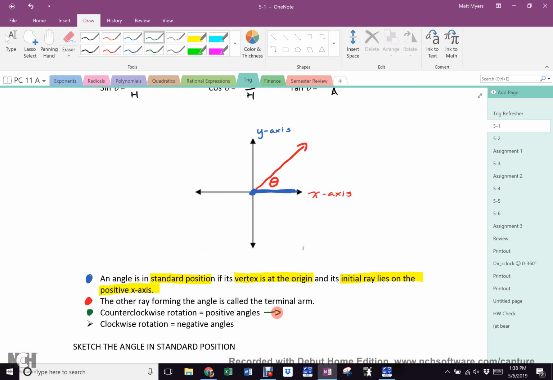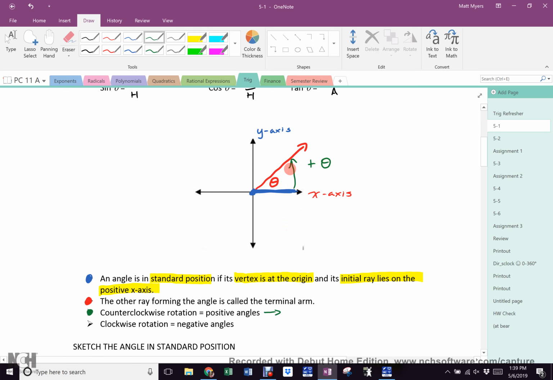So I must start counting from the first ray, which is right here, yes? Counterclockwise means I have a positive angle. What direction from here is counterclockwise? Up or down? Up. So this would be a positive theta.